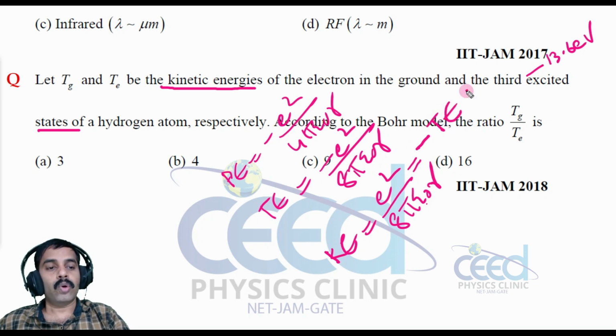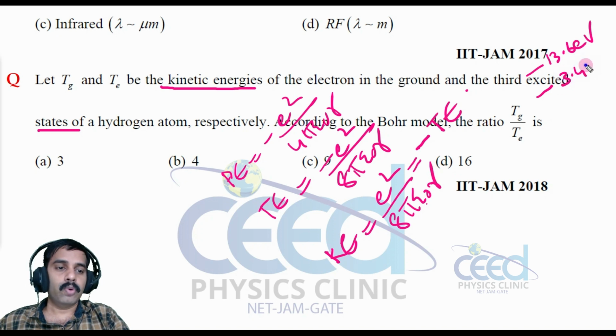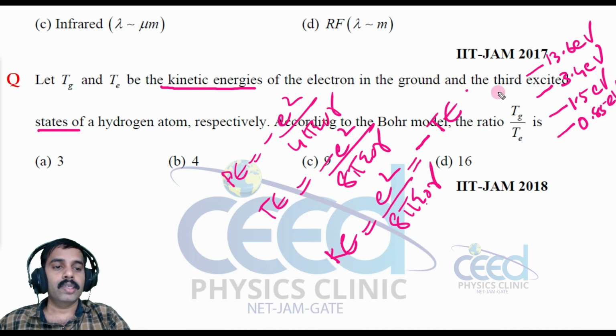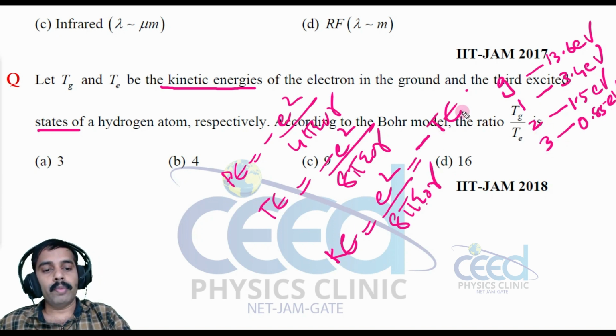The total energy in the ground state is minus 13.6 electron volt. The next energy is minus 3.4 electron volt, the next is minus 1.5 electron volt, and then minus 0.85 electron volt. So this is ground, this is first excited, second excited, and this is third excited, so for the third excited state you take 0.85.